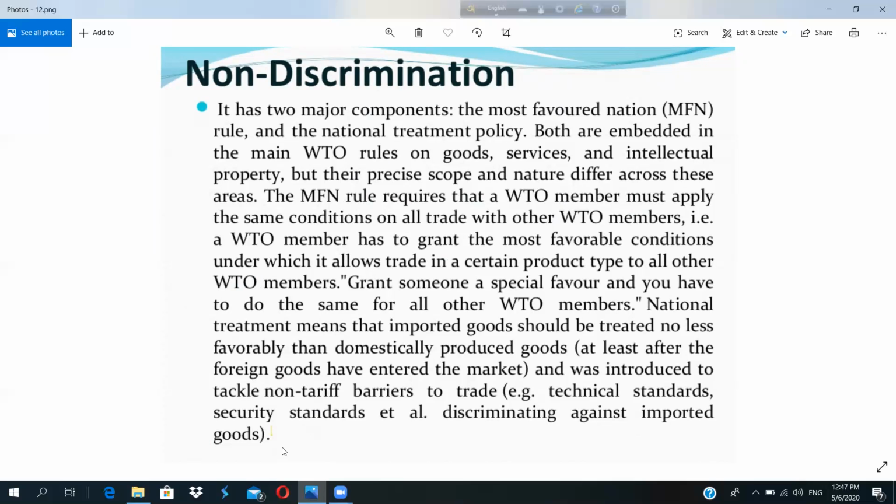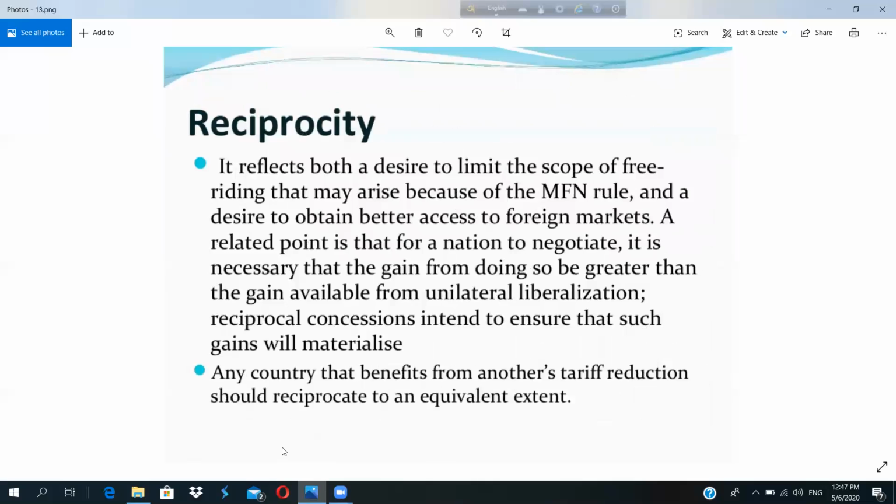So the goods and services imported from other countries should be treated as equal to domestically produced goods and services. So reciprocity: it reflects both a desire to limit the scope of free riding that may arise because of the MFN, most favored nation rule, and the desire to obtain better access to foreign markets.